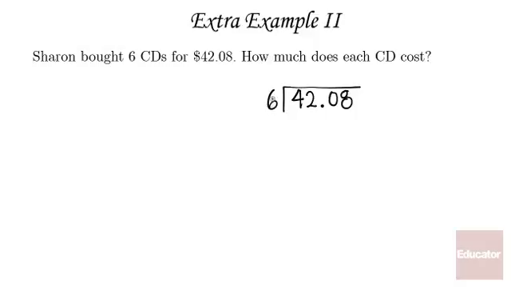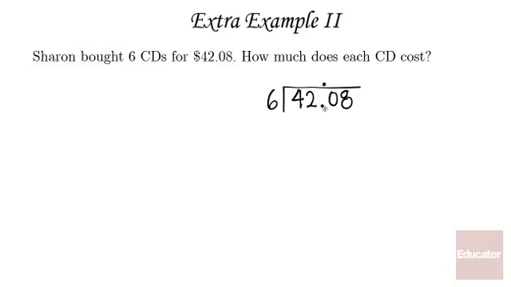Okay. Now, I don't have a decimal point here. Okay, well, it's at the end, but I have a whole number. So I don't have to worry about changing my divisor. So I can go ahead and just divide. The next step would be to bring up the decimal point. Don't forget that. And then I can divide.